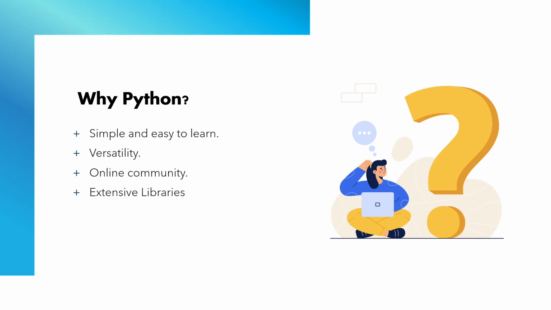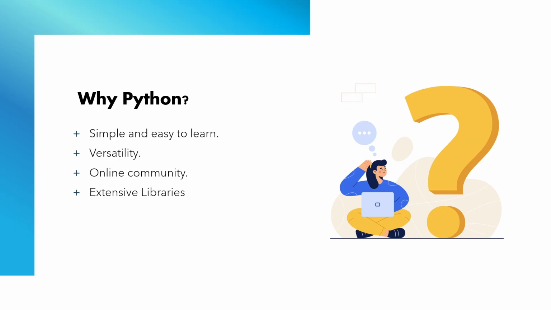The fact that Python is simple and easy to learn does not in any way mean that Python is not powerful. As a matter of fact, Python is a very powerful programming language that you can use for a whole lot of things. And this is what makes Python versatile, because you can do so many things with Python. You can do web development, you can do data analysis, you can do automation with Python. So Python is quite simple and easy to learn.